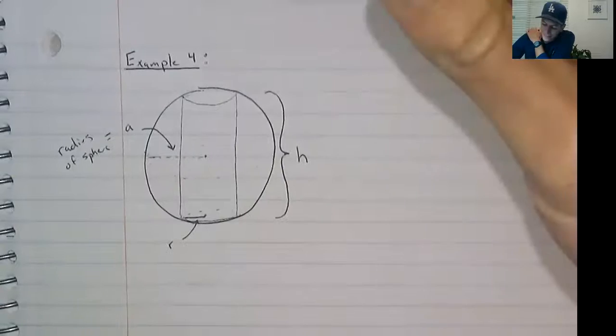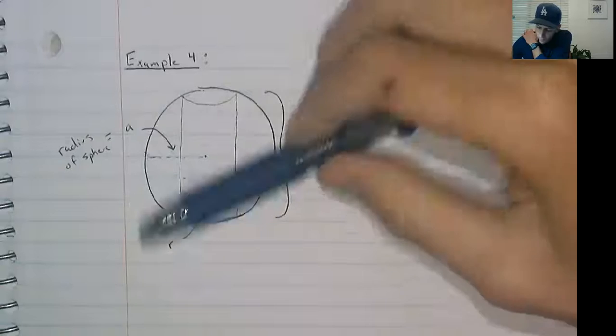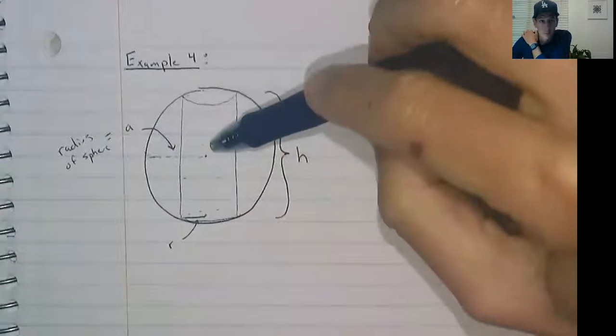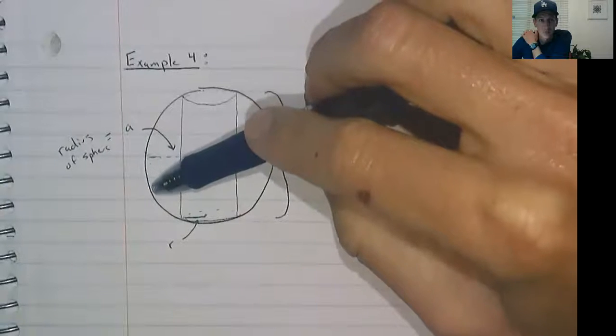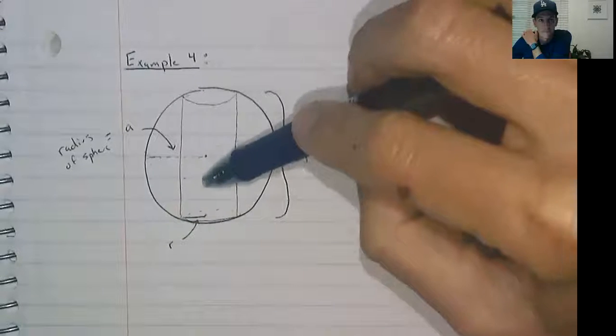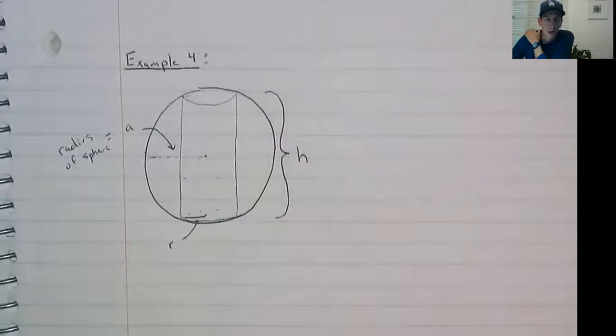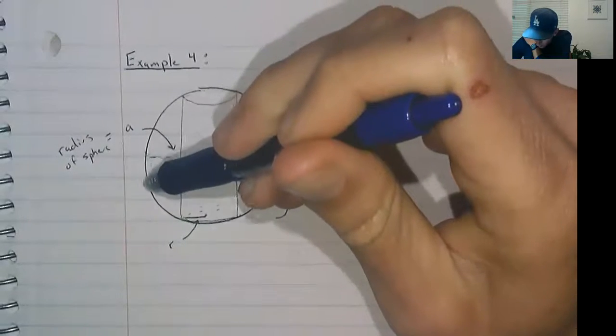I'm going to swing down this obvious spherical radius that we drew in such a way that it will somehow connect to our cylinder. So just picture that this radius here, we're just sliding it down, sliding it down, sliding it down.